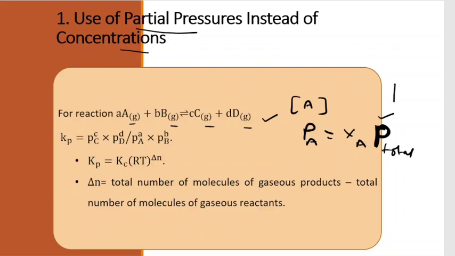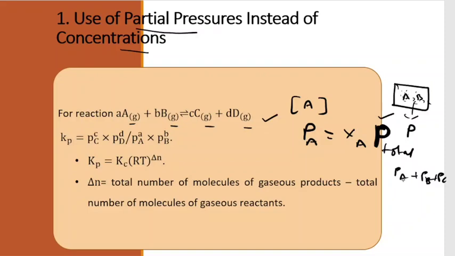With Dalton's law of partial pressures, you will understand it better. According to Dalton, if there is a mixture in the vessel, the individual gas pressures are said to be partial pressures. Let us say there are A, B, C, and the total pressure is PA plus PB plus PC.